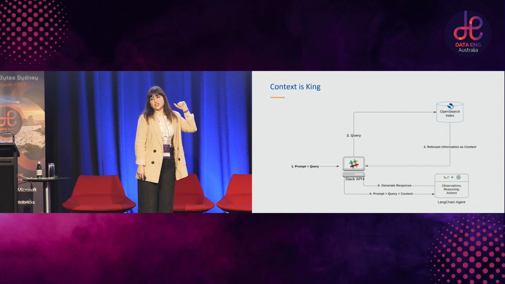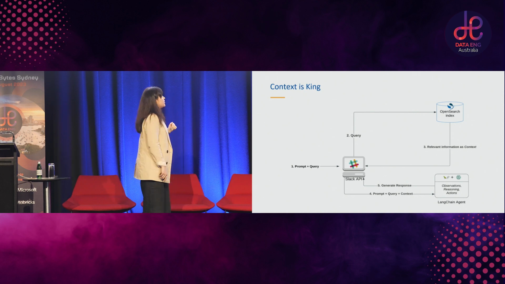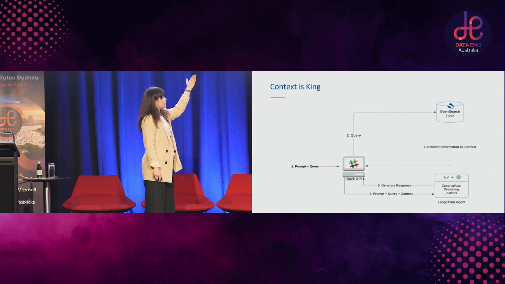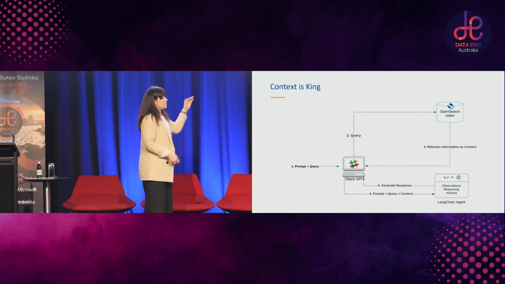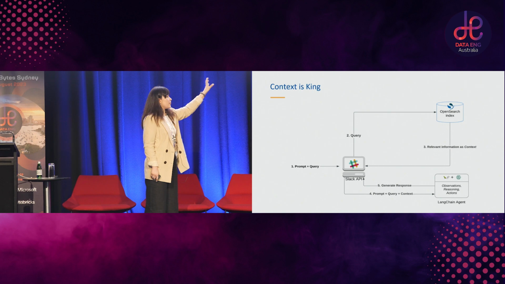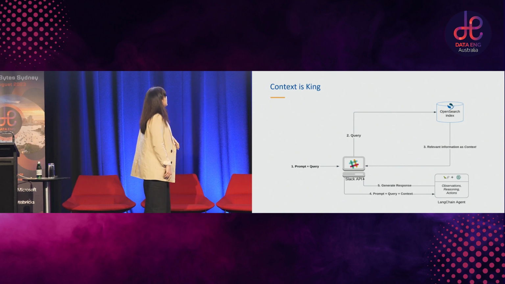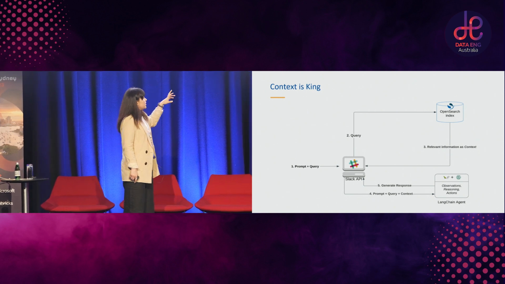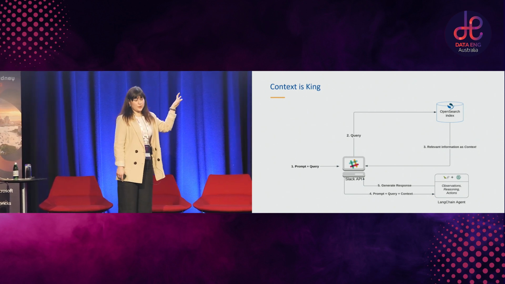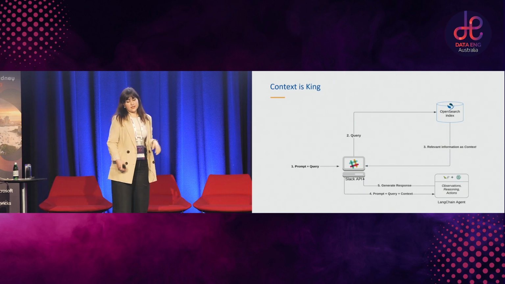We had a session about vector search. If you have already attended, you know why we use vector search for LLM information retrieval. And then once you retrieve the relevant information, you squeeze it in as the context to the model. In this example, again, I'm assuming you are using a LangChain engine. And then once you've got the prompt, query, and context, you send it to OpenAI, and you get the response back.